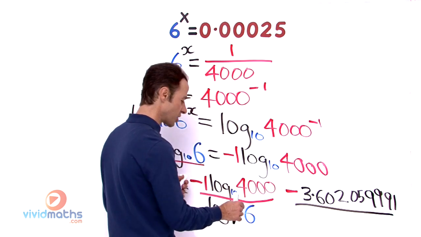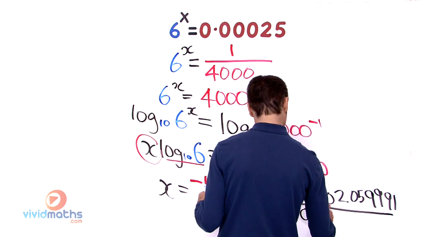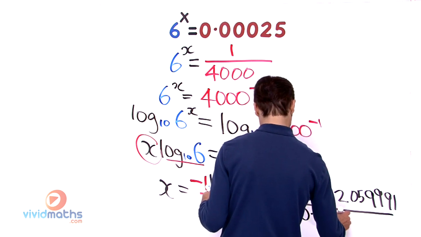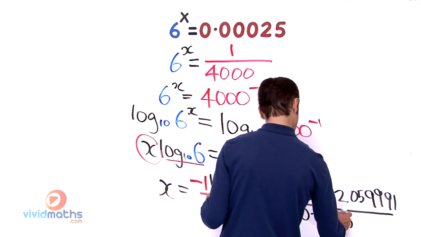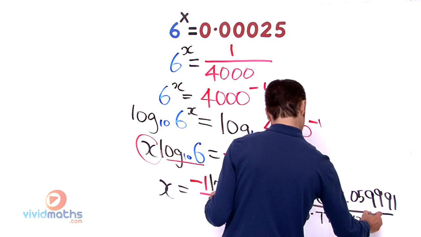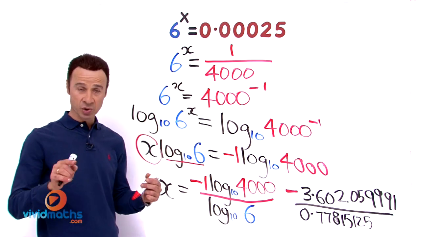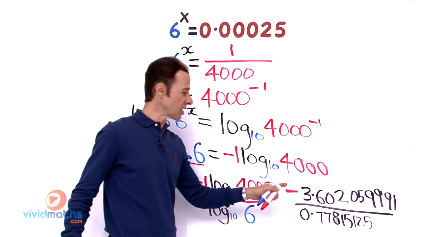And log base 10 of 6 on the calculator is going to give you. These depend on the number of digits your calculator screen has. So that's an approximation, so let's put that in.